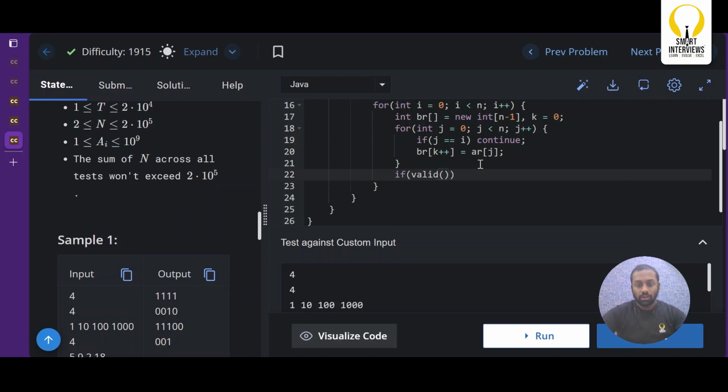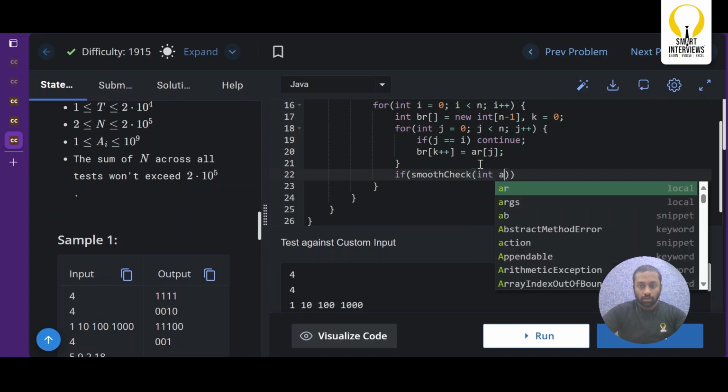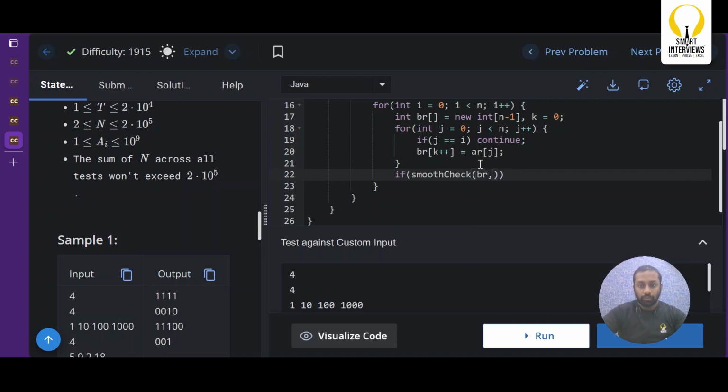Now once I have this array, I need to check if it is valid or not. To check if it is valid, I need to do a smooth check. Smooth check is going to check if my array is strictly increasing, and if its difference array is smoothly increasing. So for smooth check, I need to pass the array and the size of the array.